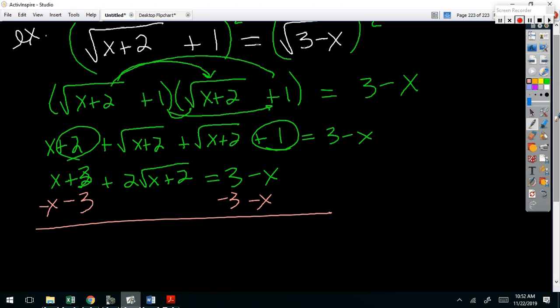All right. So these two square roots, the square root just drops off when I multiply them. 1 times that is just itself. And then itself. And then 1. Okay? And so now I end up with 2 times the square root of x plus 2.